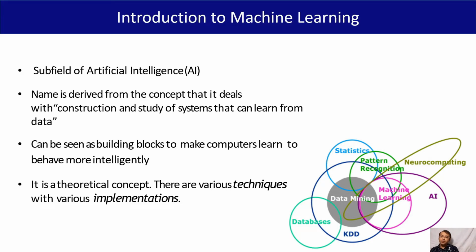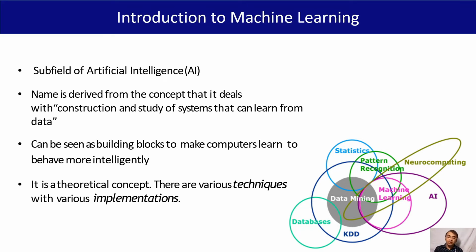It is a subfield of artificial intelligence, and the name is derived from the concept that it deals with the construction and study of systems that can learn from data, and can be seen as building blocks to make computers learn to behave more intelligently.